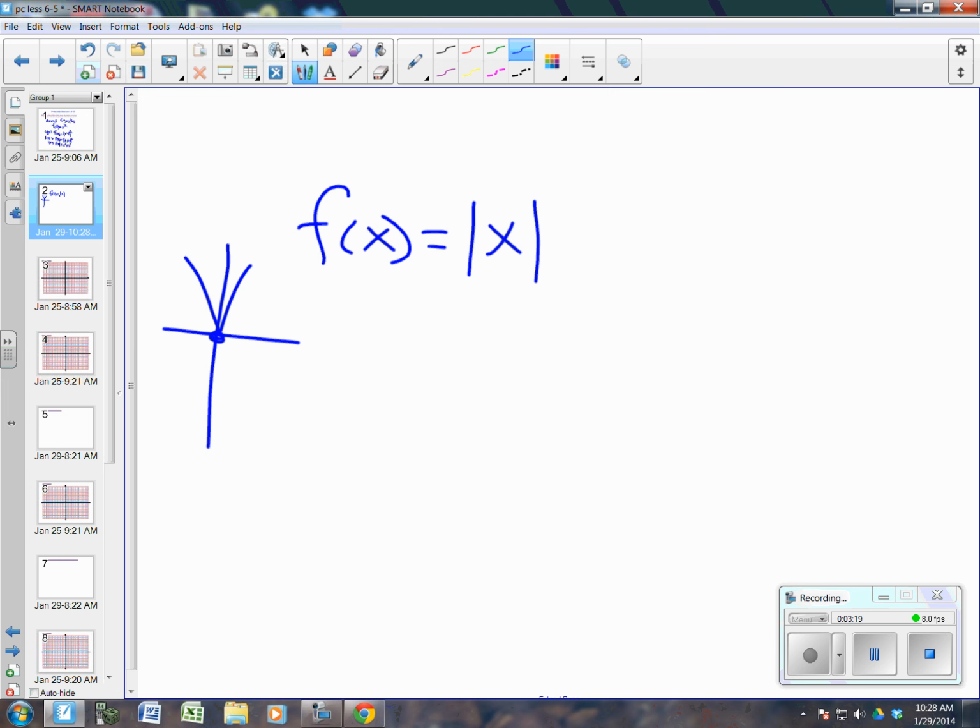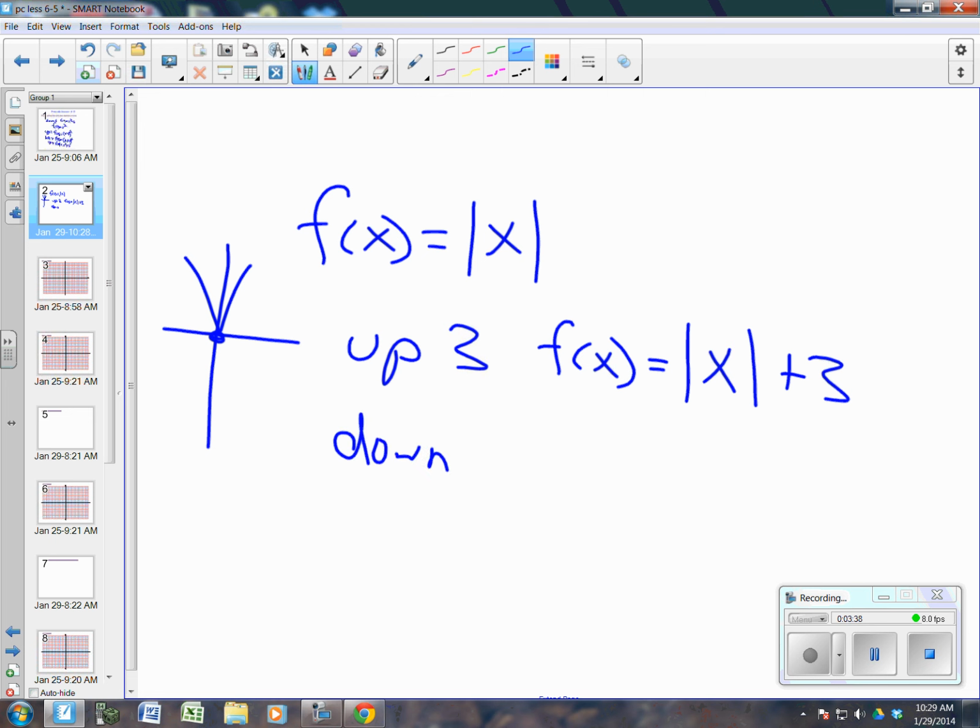If I want to go up 3, what do I do? I go f of x equals what? Tell me what to write. So the absolute value of x plus 3. That moves it up 3. What about down 2? The absolute value of x minus 2.